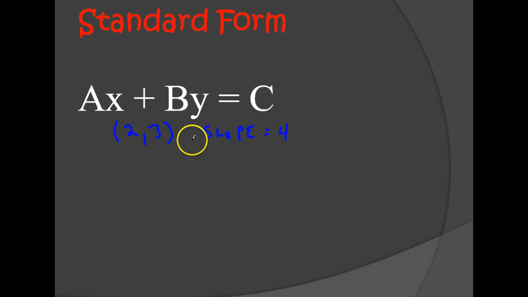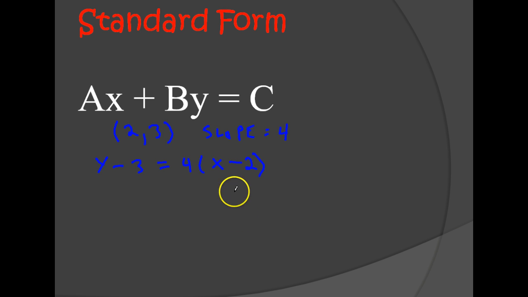Well, if I'm given a point, I'm given a slope, common sense tells me I'm going to use point slope form. So y minus y1, 3, equals m, or slope, 4, times x minus x1, 2.